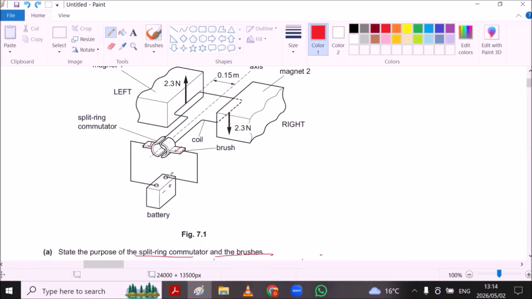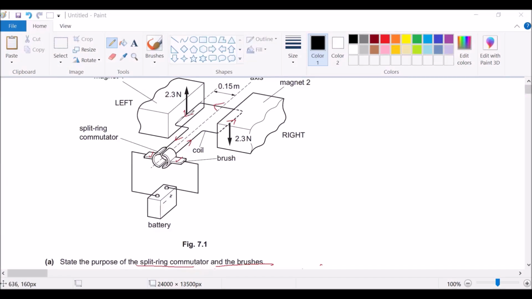Since this is a positive terminal, the direction of the current is from positive, so it's moving in that direction in the coil. So using Fleming's left-hand rule, considering this side, we are given the direction of the current, which is that direction, and the direction of the movement, which is upward.